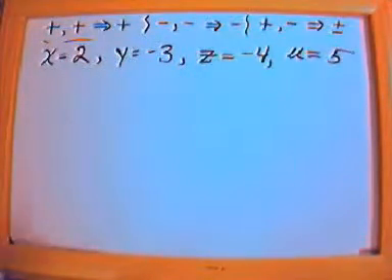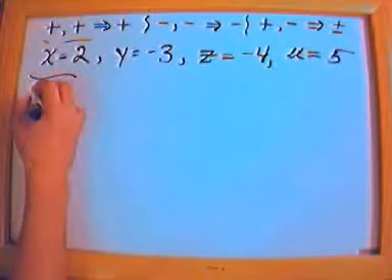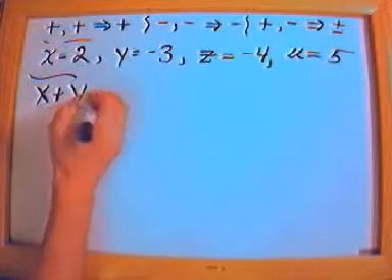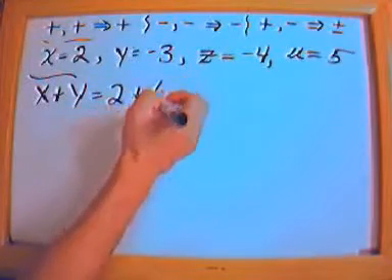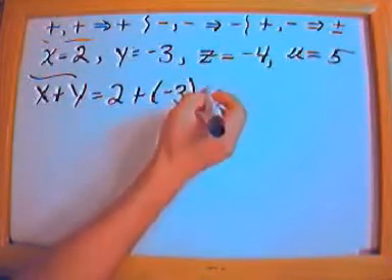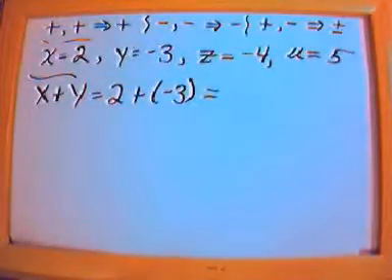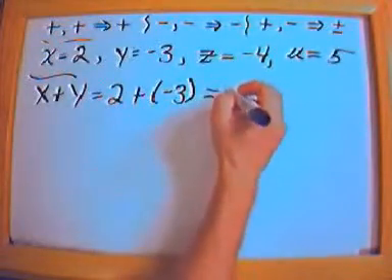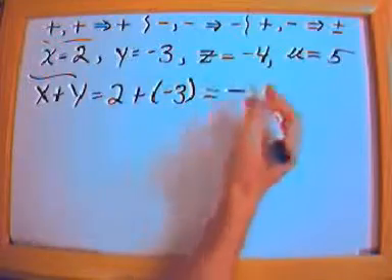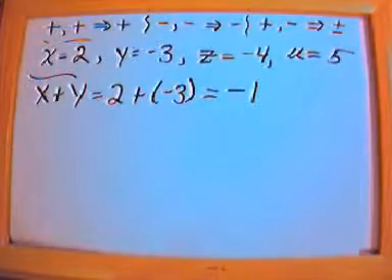Okay, let's just do a couple simple problems. x plus y is equal to x, which is 2, plus y, which is negative 3, equals. Adding negative and a positive, negative 3 is bigger, so the answer is going to be negative. 3 minus 2 is 1, answer is negative 1.